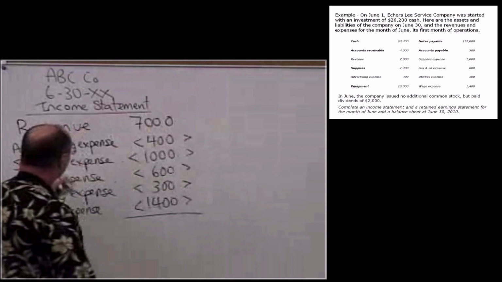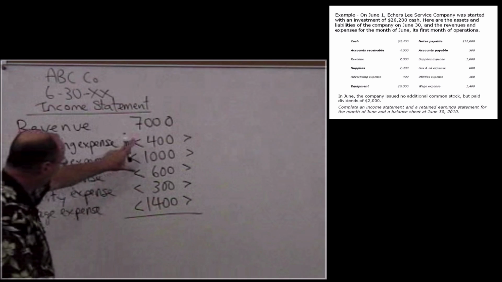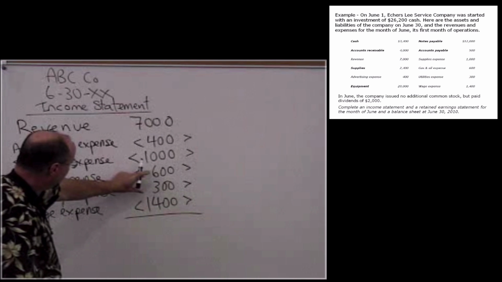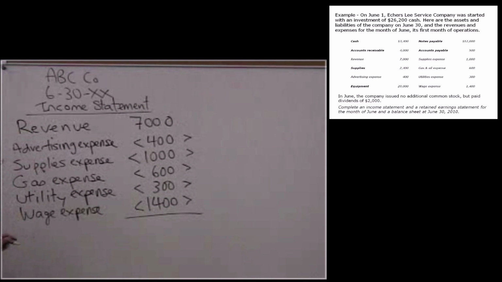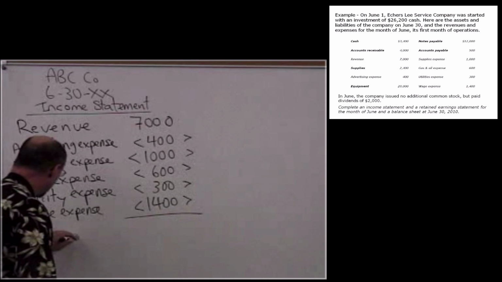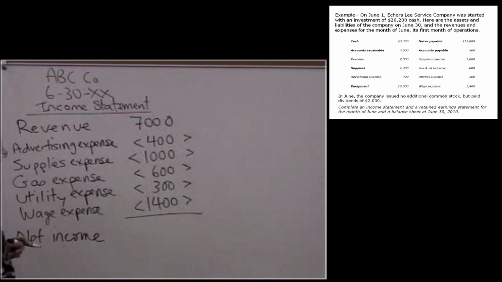Okay, my revenues, $7,000. Minus my expenses, which total $2,900, $4,300 equals net income. Okay, so revenue minus expense. Okay, and what does that come to?